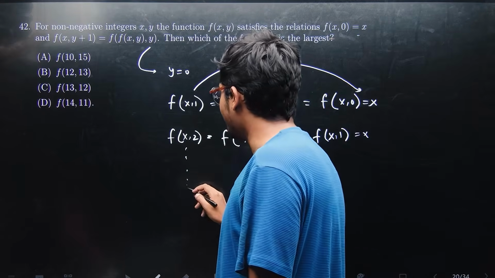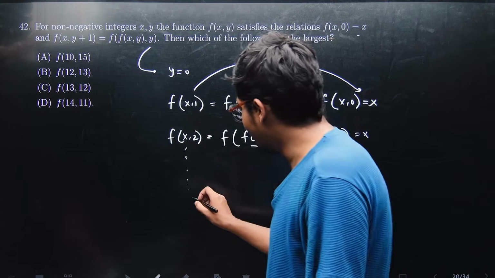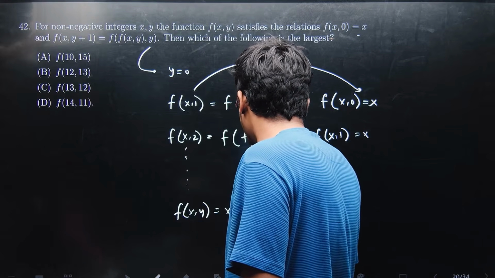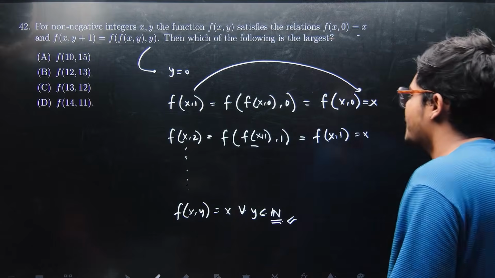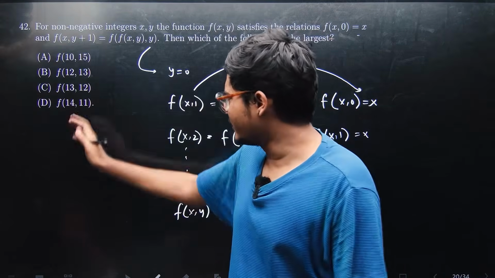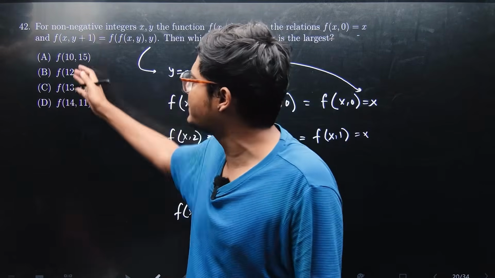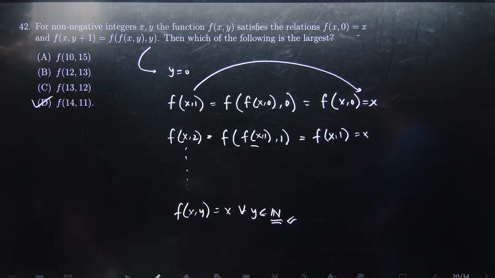So if I keep any value of y, I can say from here that f(x, y) is going to be equal to x for every y in natural numbers. Now once I get this, observe that what is going to determine the value of these functions? It's going to be the x value. So the larger the value of x, the larger this overall function is. Among these, 14 is the largest, so f(14, 11) should be the largest value. That is 42. All right, let's look at the next question.